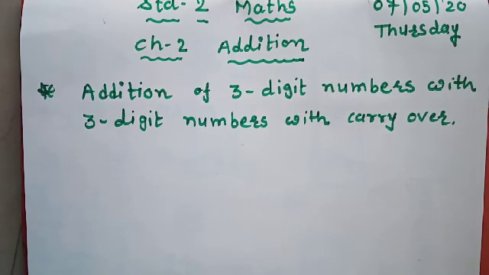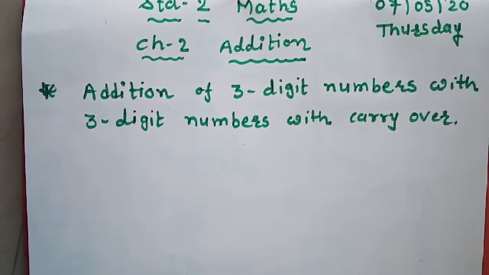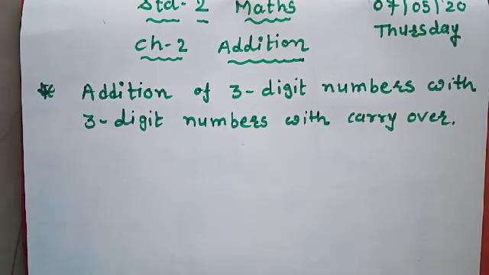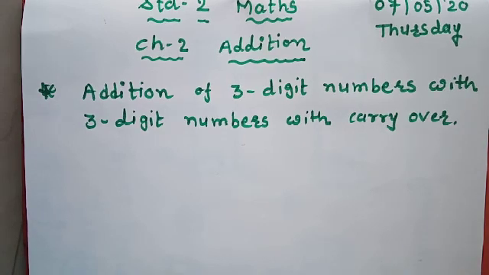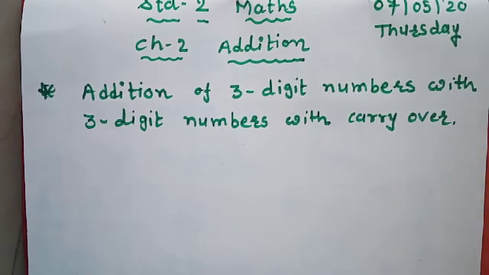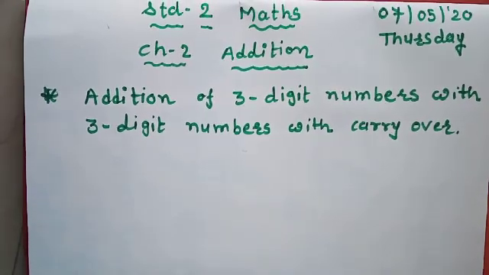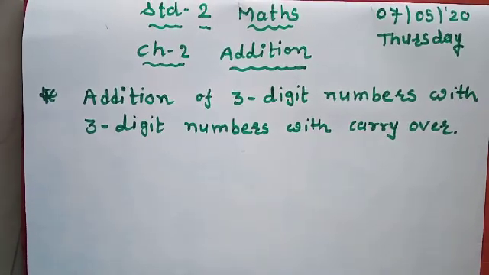So first we recall our properties of addition. Yes, the first property is the order of numbers, right? If we change the order of the numbers, there will be no change in the answer, right? Second property is the zero magic, right? If we add 0 to any number, the answer remains the same number, okay?